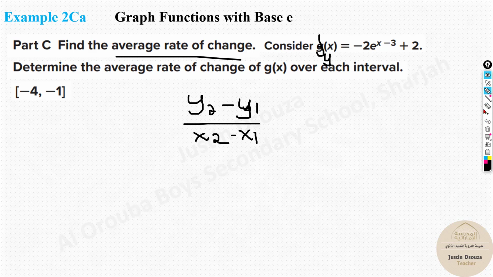So what do you have to solve over here? y2, right? What does that mean? You need to solve at given x values, in the sense whatever is given is considered to be x1, x2. How do you find y1? y1 would be substituting the x1 value over here. So instead of this x over here, I will put -4 and solve.